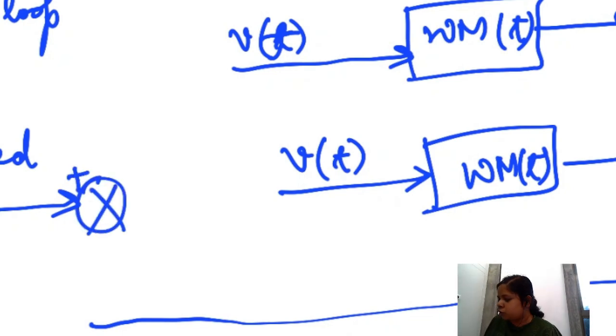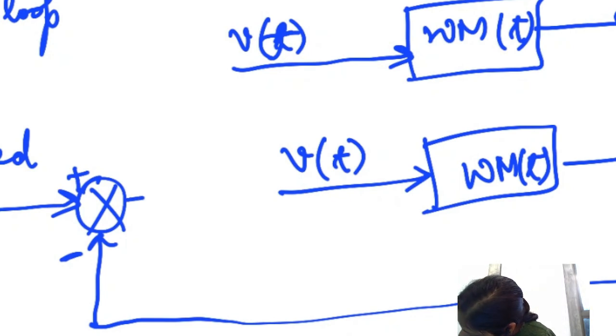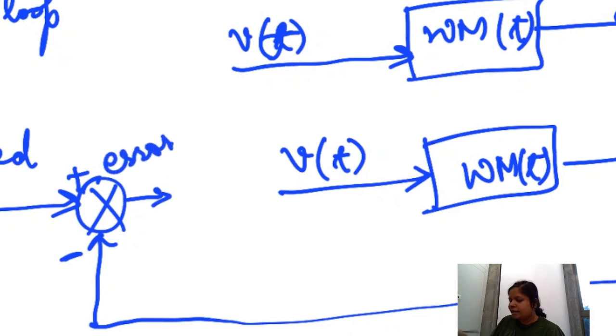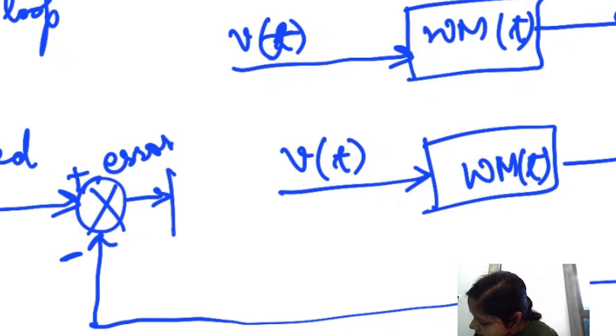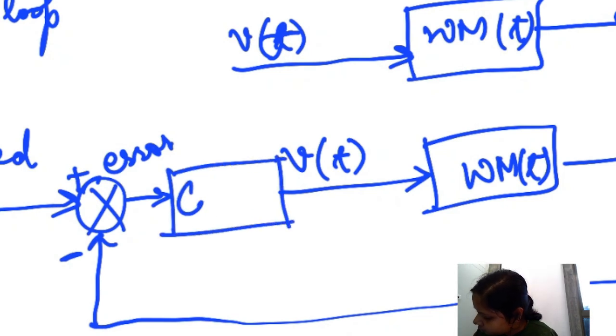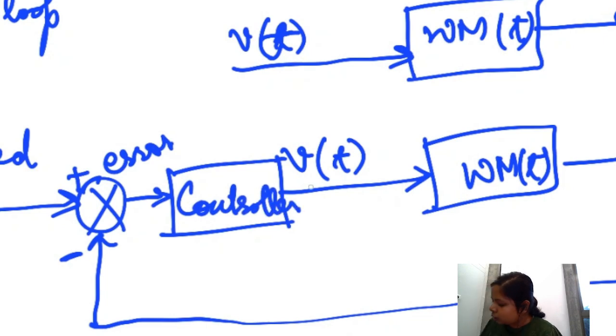So you say your moisture value should be some value, and what you get from the output is also a value. So you get a difference between both of them, let's say a difference of 5. Now you get an error, basically what I wanted and what I am getting. You pass that through a controller.